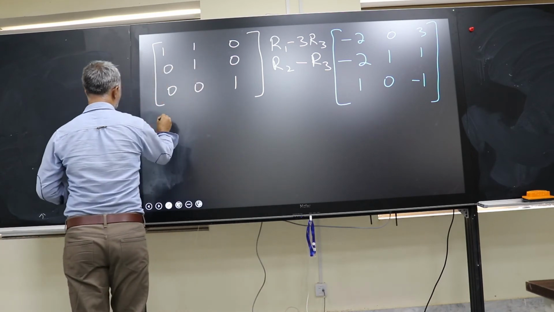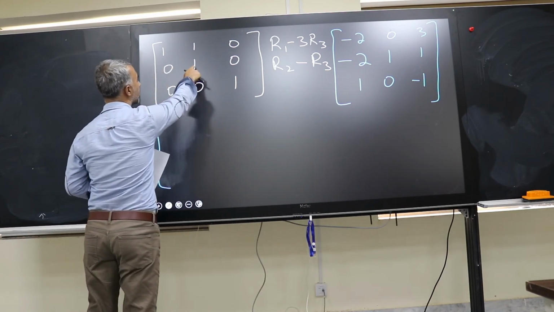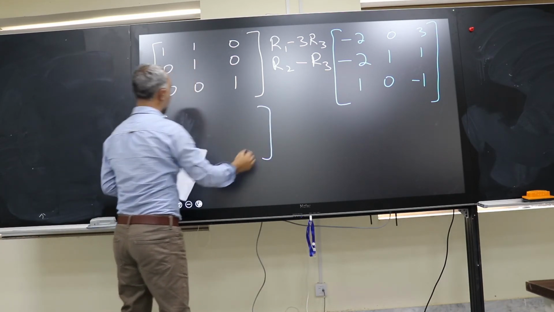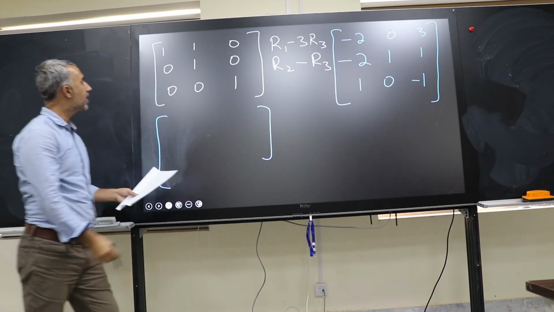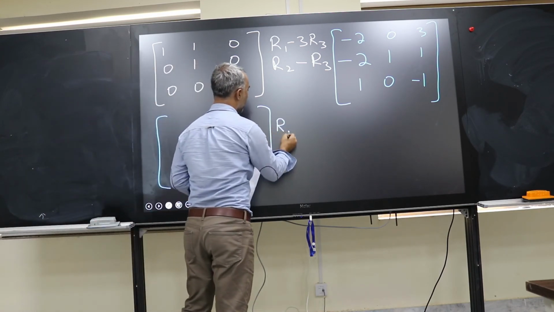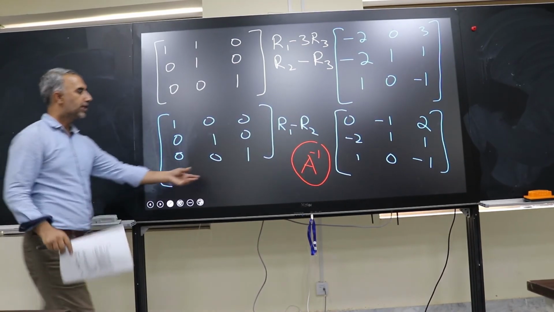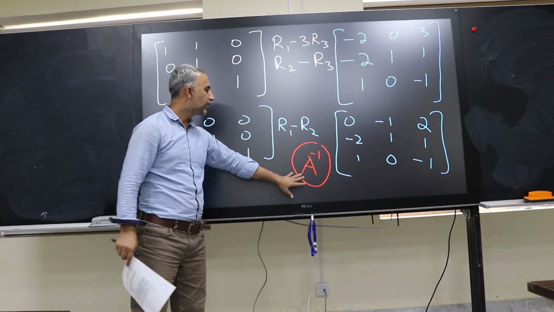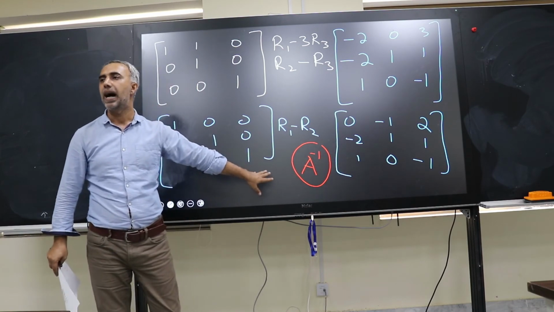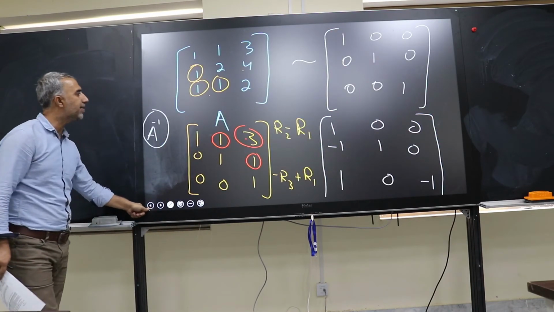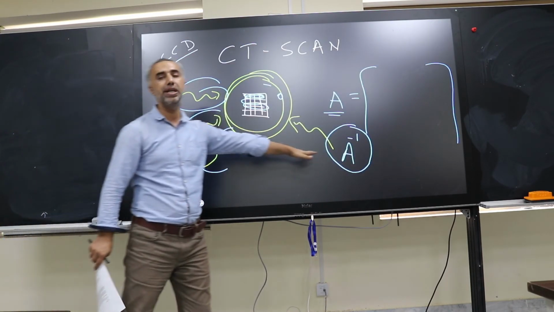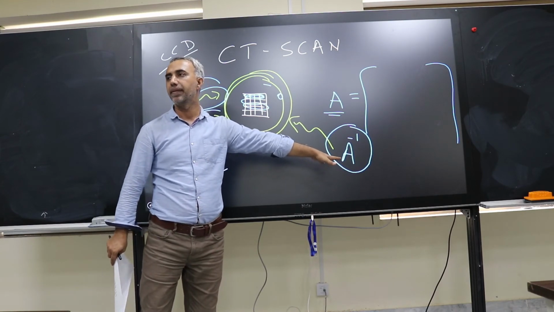My children, now the next one is very simple. You can say R1 minus R2. So, please, this is A inverse. A moment ago, I explained why, my children, you need A inverse. Okay?